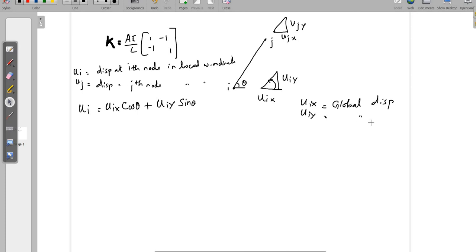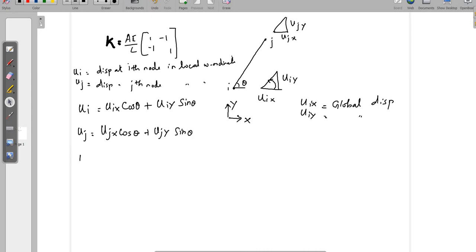So we should consider the overall coordinate system, capital Ui X and Ui Y, in which x is along this direction and y is along the vertical direction. Similarly, you can write the equation for uj: Uj capital X cos theta plus Uj capital Y sin theta.